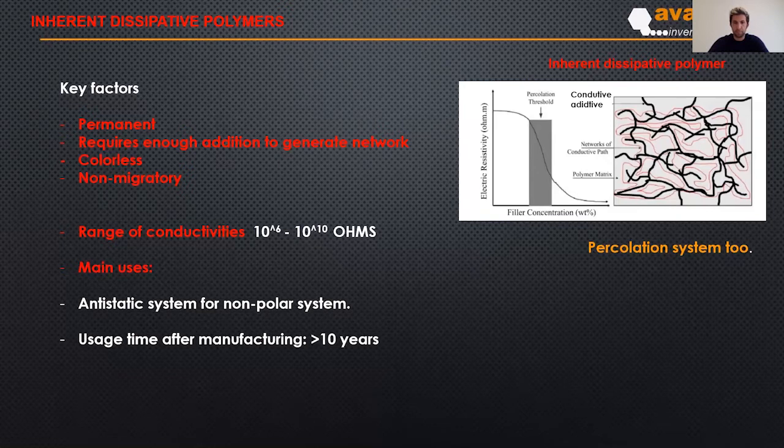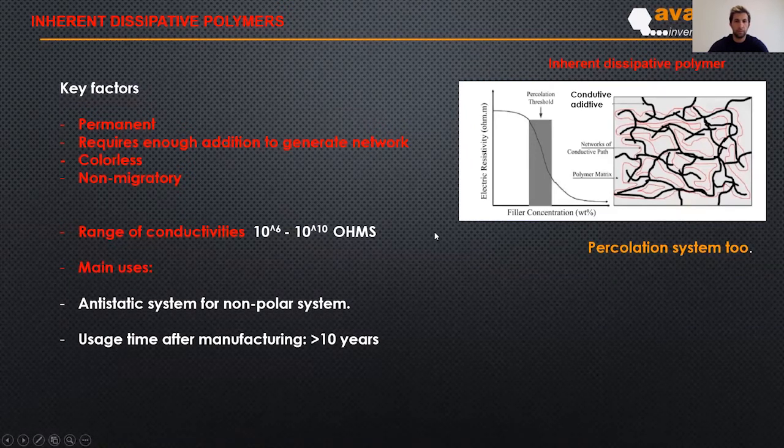In this kind of system, the idea is to generate the same network as previously, but we are going to generate the network with this plastic, the inherent dissipative polymer. The key factor is, of course, that it is permanent, not migratory, and colorless, but we require enough amount of product to generate the network.